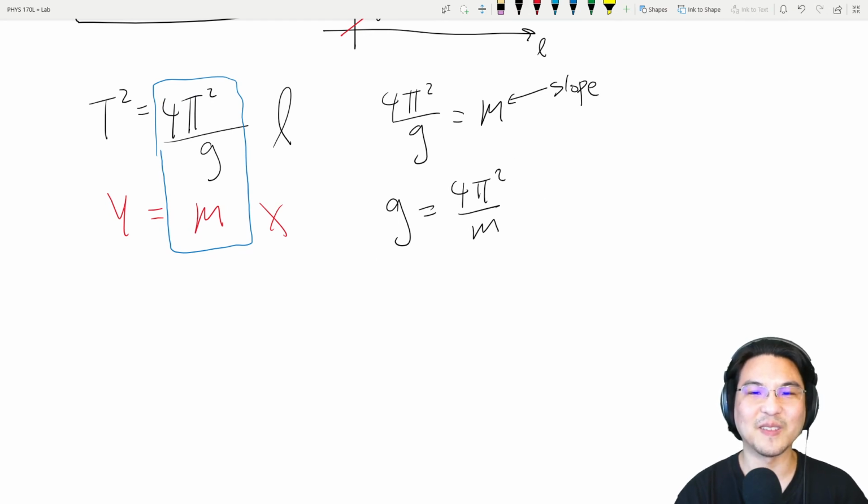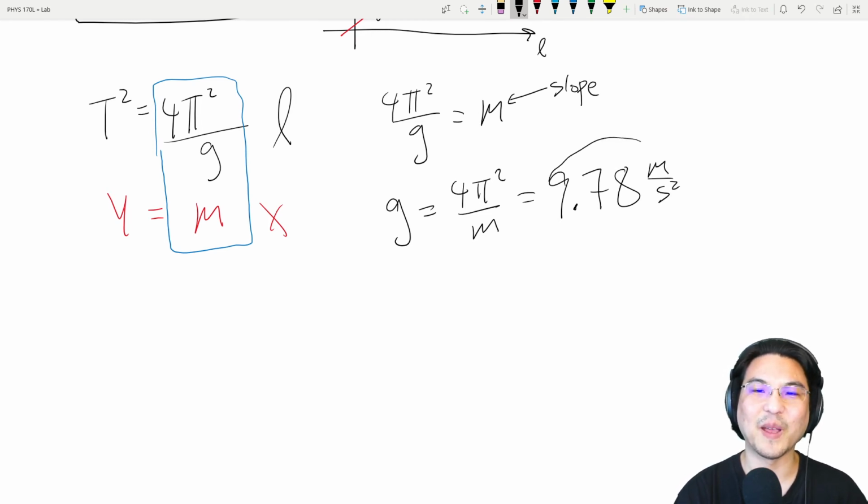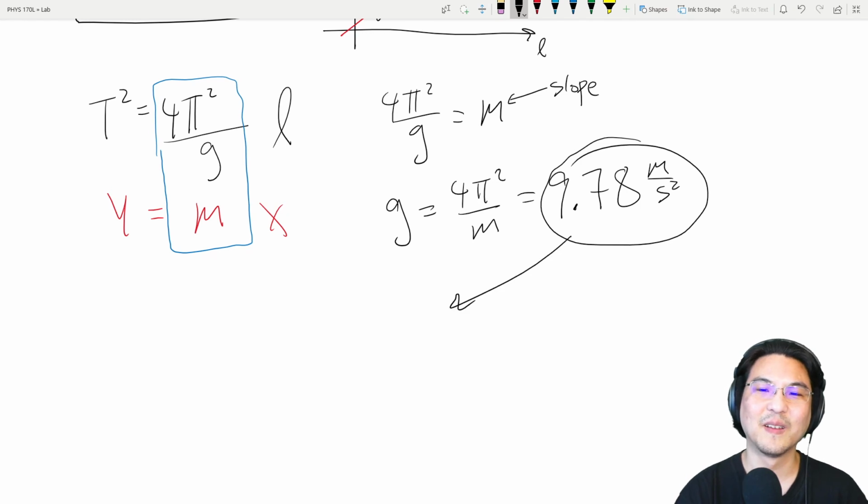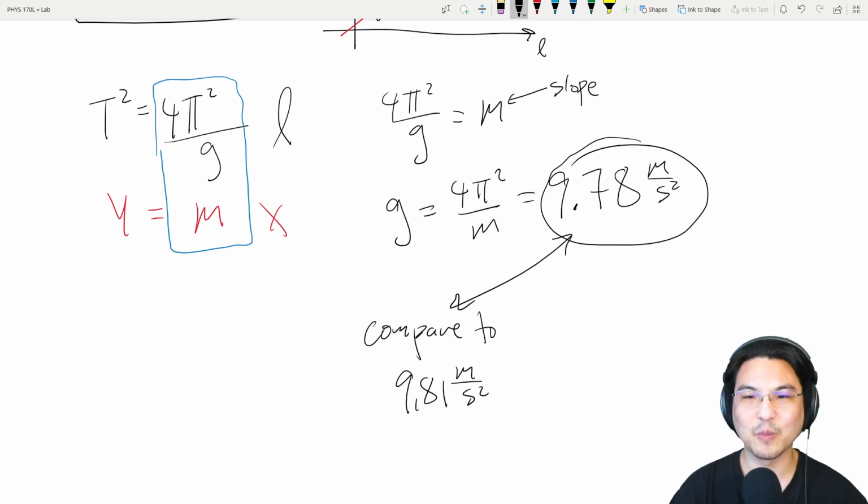Right, so then just get this number, whatever you get, I'll just make up a number. There you go. So whatever this number is, you can compare this to what you expect. And then you say, okay, it's pretty close. Or whatever you get, it's fine.